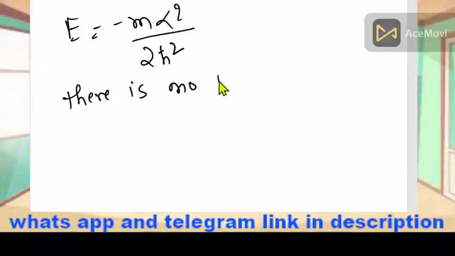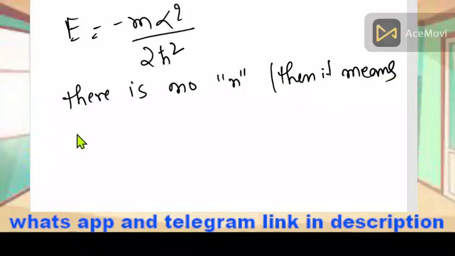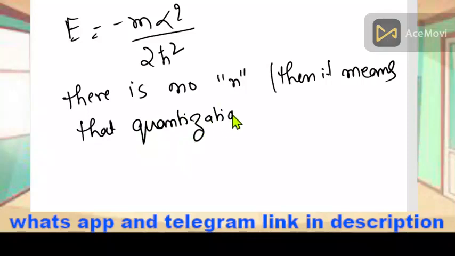There is no n, as we have seen in the case of a particle in an infinite square well, where there is an index n. Here there is no index. So if there is no n, it means that quantization is not there.